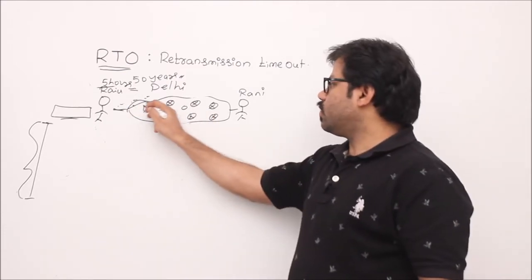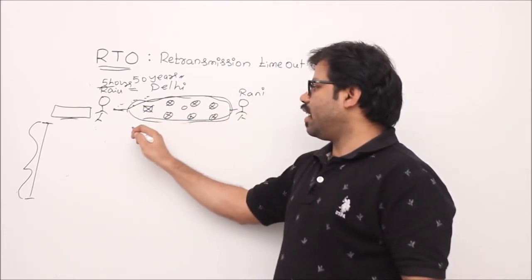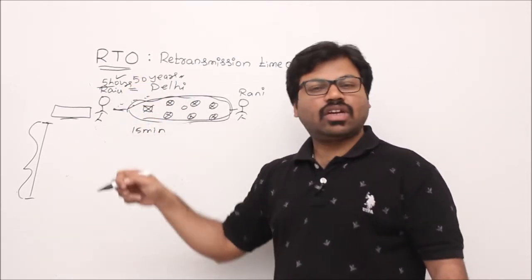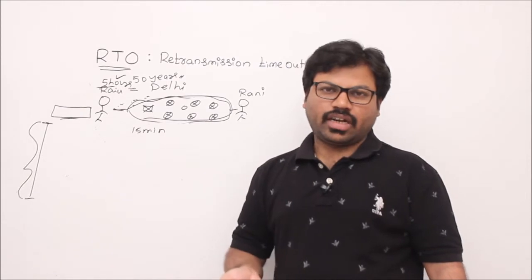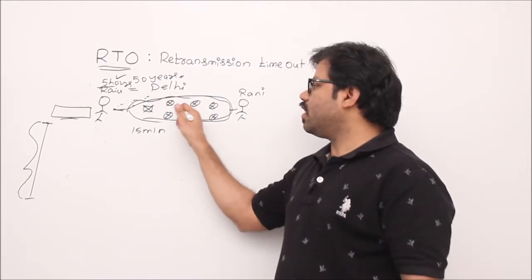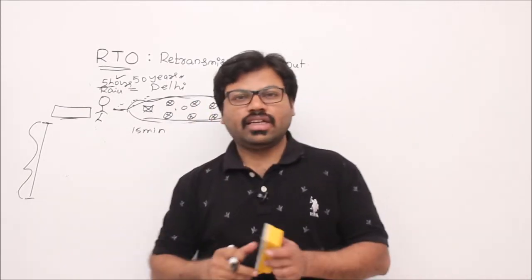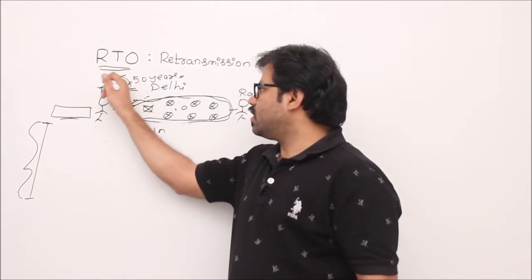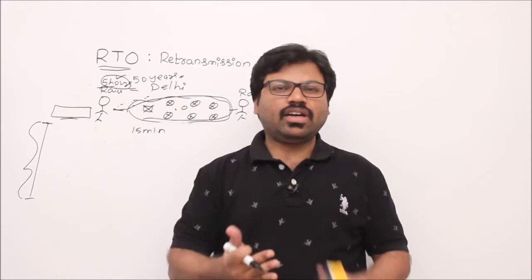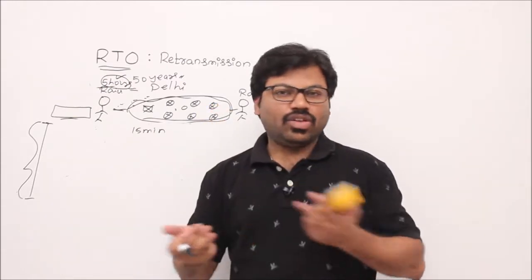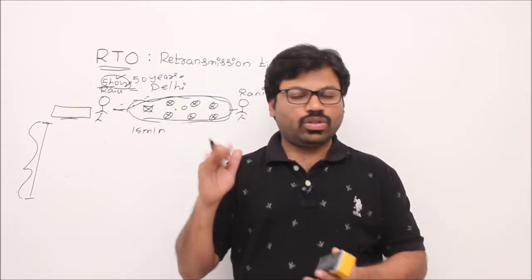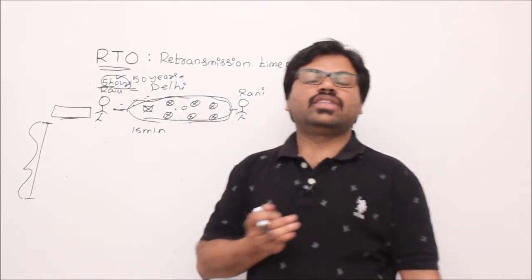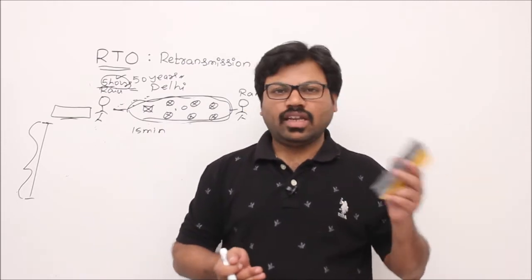Then Rakesh goes and comes back, but he takes only 15 minutes, because the 5 hours is your guess, which was again a wrong guess. It is not really reflecting the current traffic. So finally, if the value you are guessing does not reflect the original traffic, then you will suffer. Already I told you two examples: either the receiver will wait for your packets, or you are unnecessarily retransmitting.